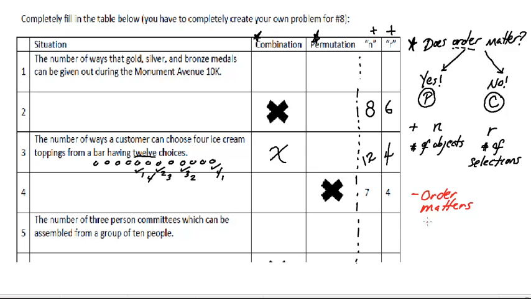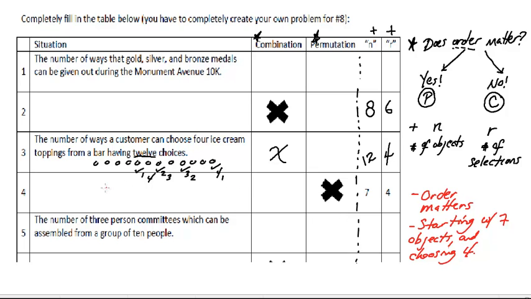And I'm starting with 7 objects and choosing 4.